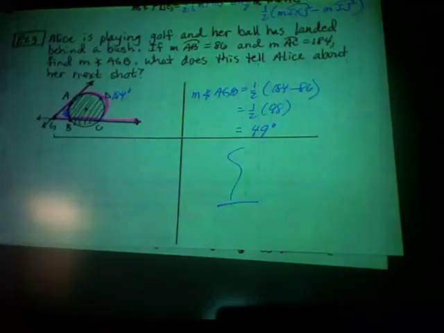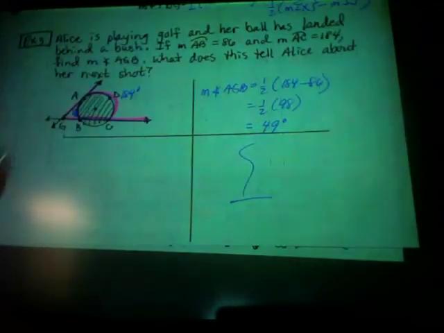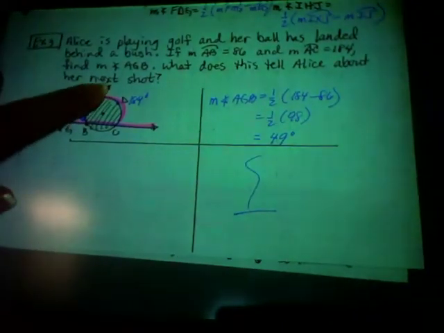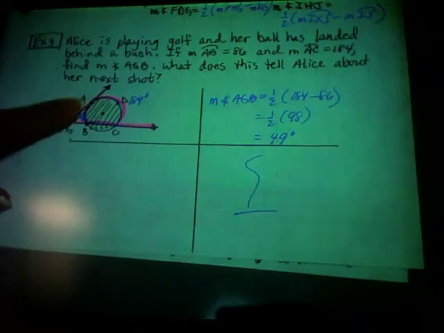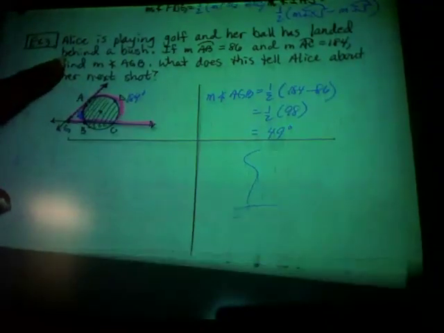Okay, so she needs to make a shot that's over 49 degrees to get over the bush. Now, I don't know how high the bush is, so you can't assume that she can go over that way. So we're assuming she's doing a straight shot somewhere out further than the tangent. If she hit the tangent shot right here, that straight shot, what's going to happen? It's going to hit the bush and bounce off in some other direction, right?